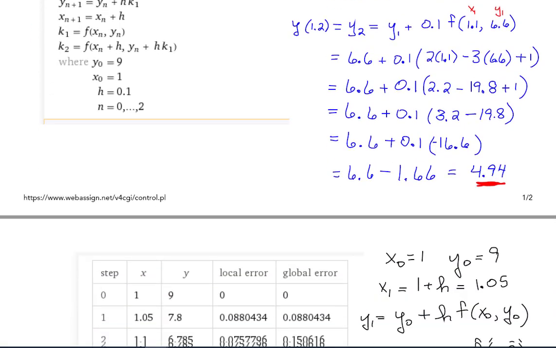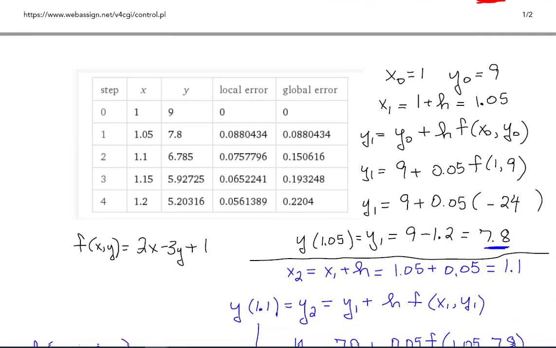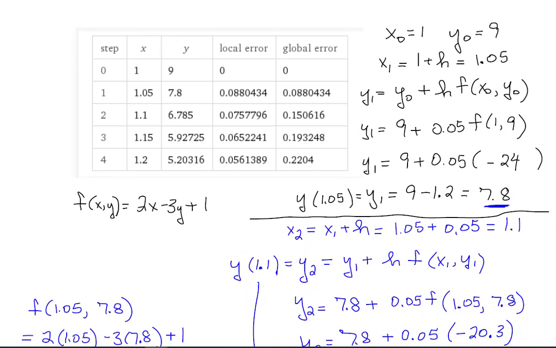In the second half of the problem, the step size is halved and now it's 0.05. And so again, I did this in Wolfram Alpha to show the steps and the various outputs. My function's still the same. The process is still the same, just longer and more tedious.